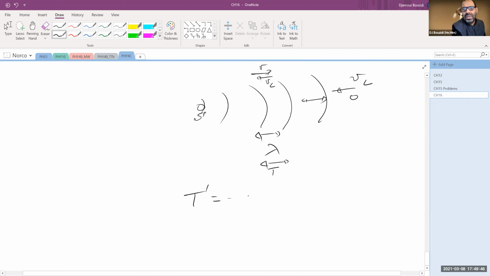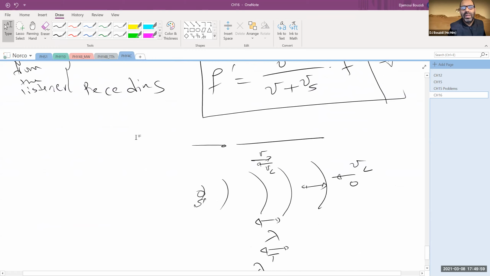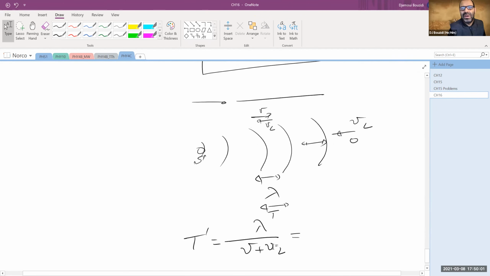So in this case, the velocity is going to be the sum of the velocities, and the time is the distance lambda divided by velocity. Again, the distance lambda, if I express it in terms of... how should I put it?